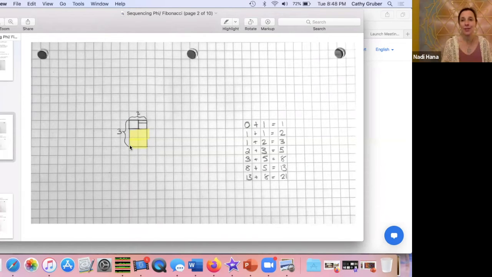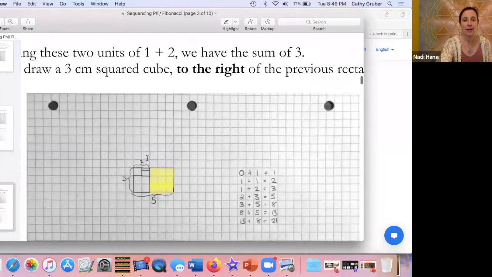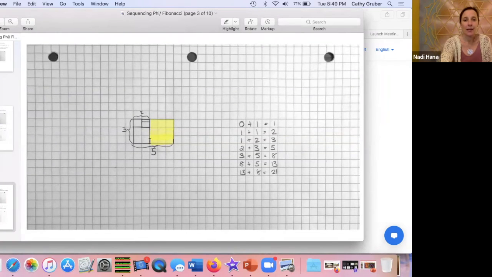And you will start to get the pattern as we go. Initially, it's a little chunky, but just hang in there with the process. You're going to draw a 2 centimeter squared cube here. And once you've got that, we're going to build to the right, and we're going to add a 3 centimeter squared to the previous width of 2 centimeters.